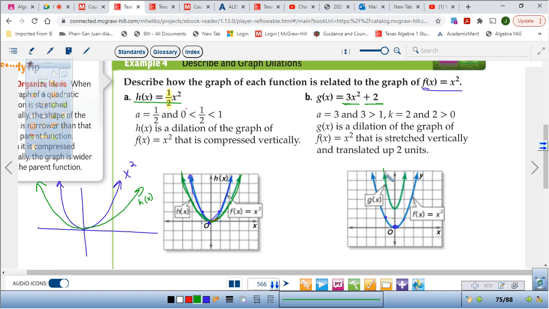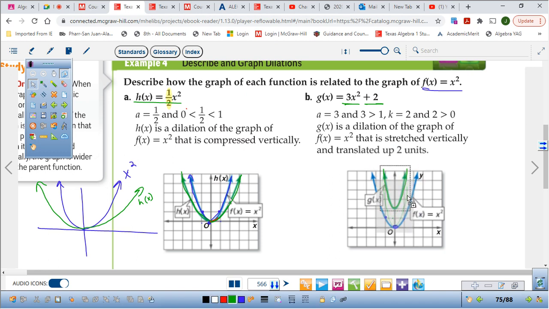So if I were to trace this green one and bring it down to where the other one is at, right there, you can see that it's more narrow. And it has to be more narrow than this one because this is a greater number. Absolute value is greater than that one, which makes it take off faster.